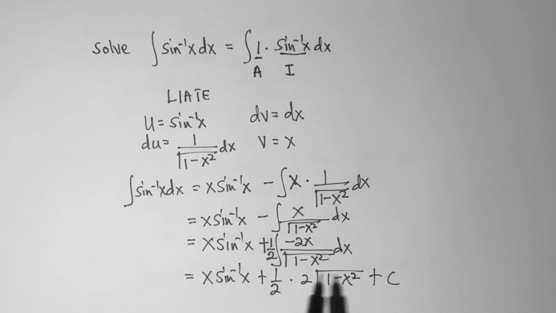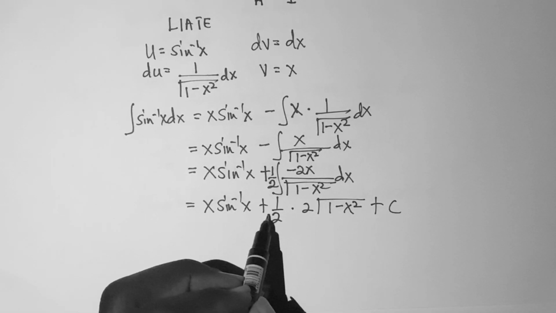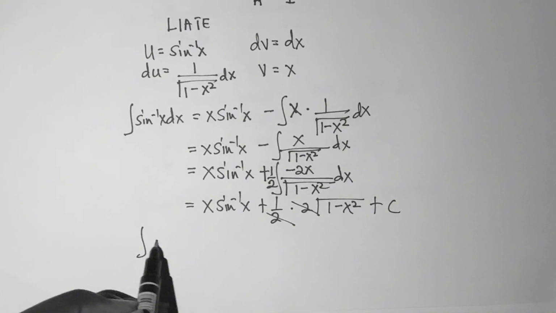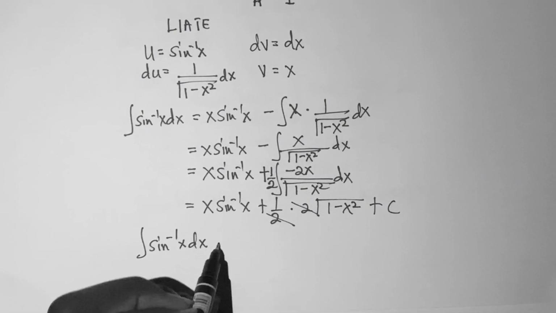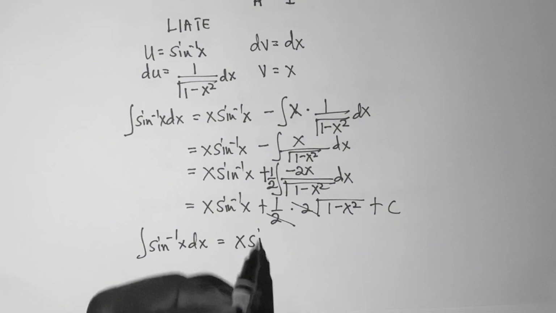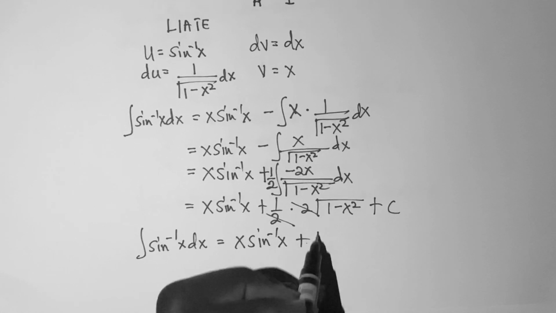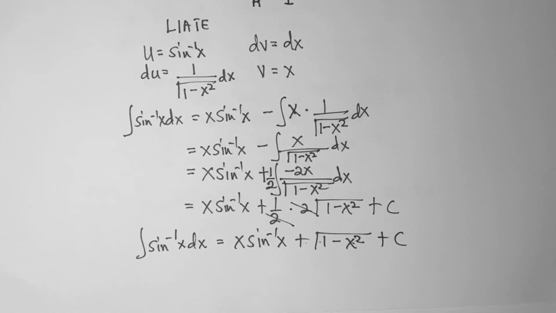I will link it in the description, so you can watch that video to understand why it is like this. So these two and these two can cancel out, and therefore the integral of sine inverse of x dx is equal to x sine inverse of x, then plus square root of 1 minus x squared plus the constant of integration c.